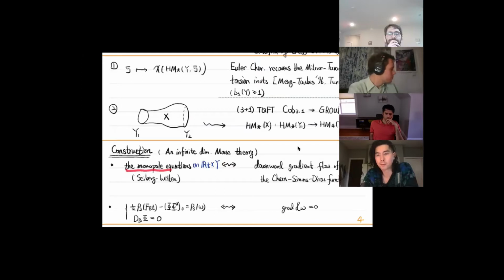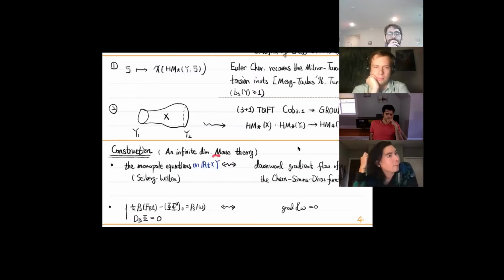Then the monopole equations on this infinite cylinder can be interpreted as the downward gradient flow lines of the Chern-Simons-Dirac functional. So by running the Morse theory, we take the free abelian group generated by all critical points of this functional, and we define the differential by counting gradient flow lines. We can obtain a chain complex, then its homology is this Floer homology of Y.